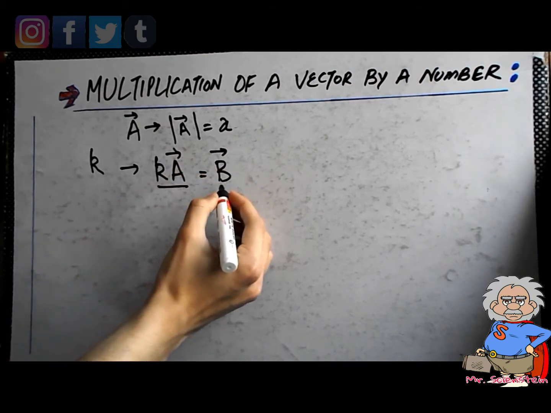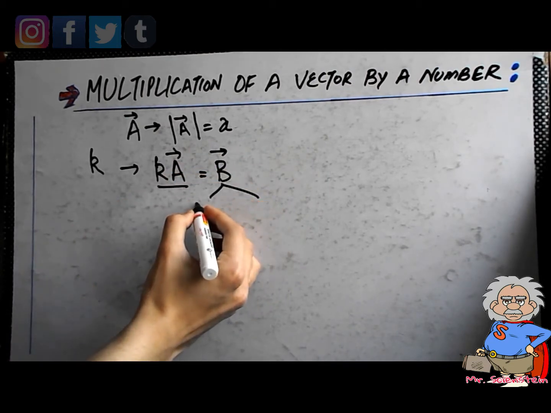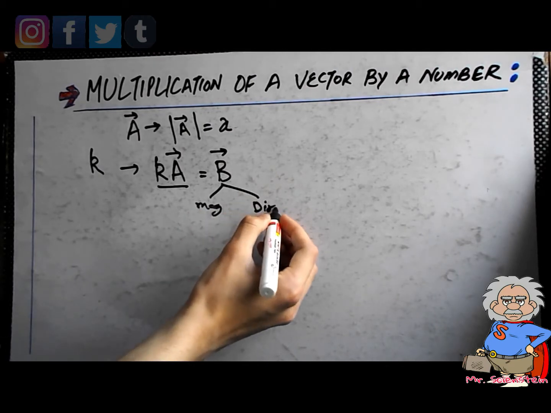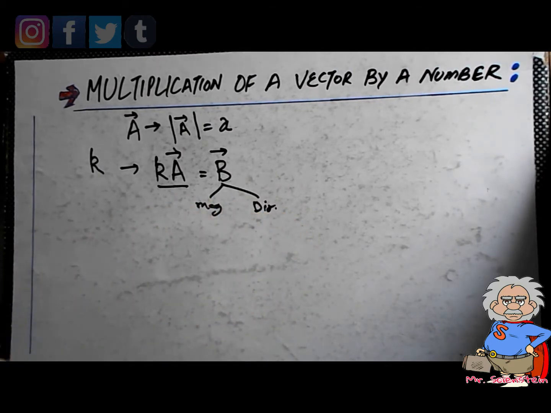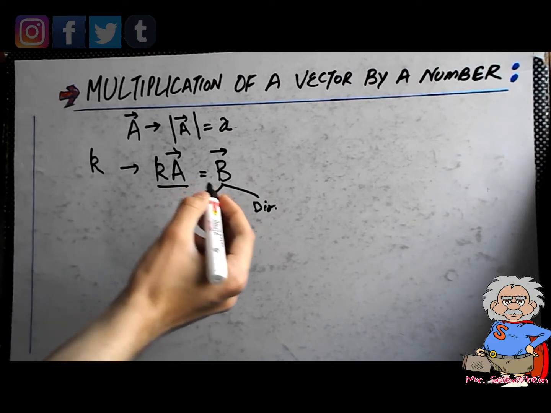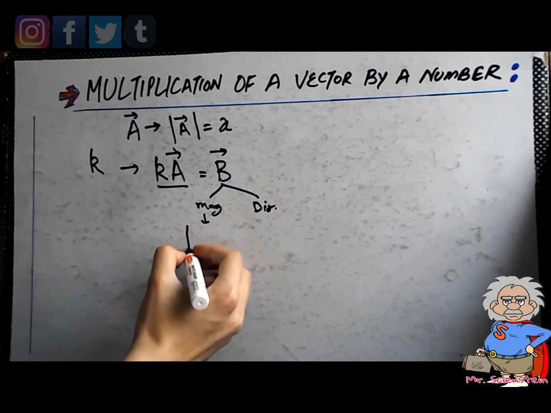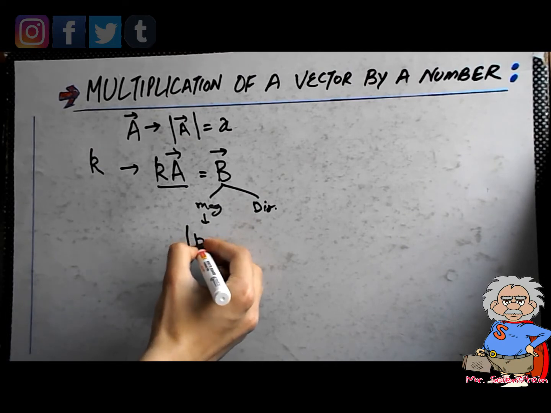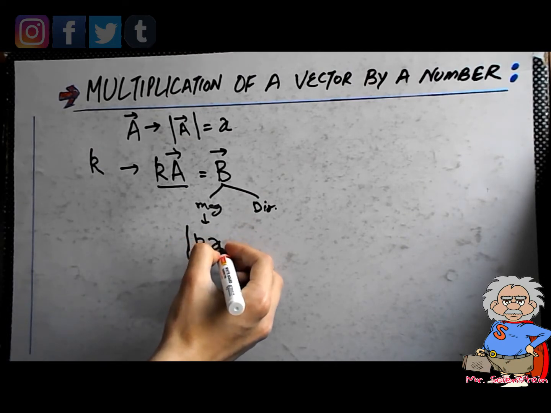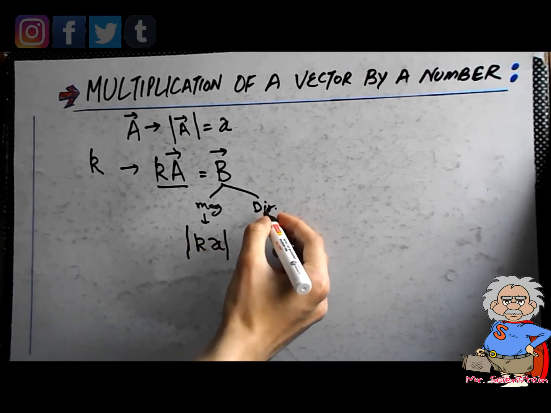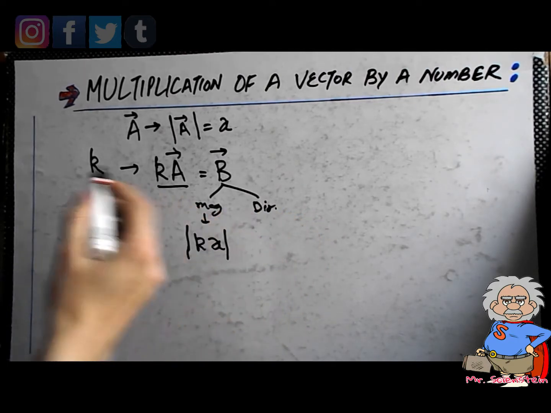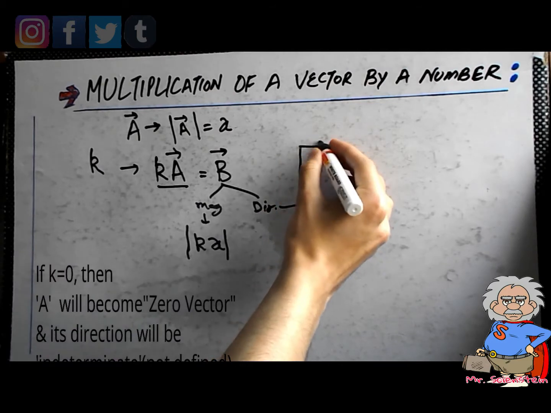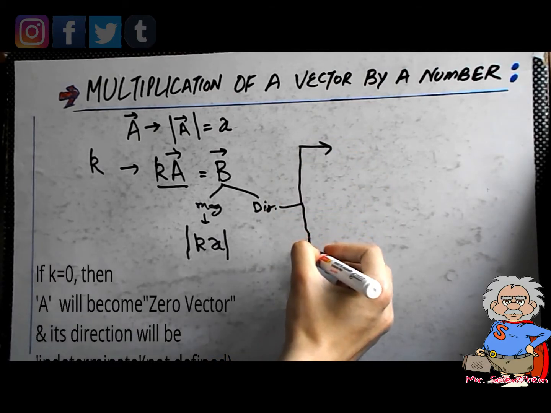Now this b vector will have two parts: one will be its magnitude and one will be its direction, because it's a vector, so obviously it will have two parts. Now the magnitude of this b vector will be given by modulus of k and magnitude of a vector, which is small a. Now its direction part will depend upon the sign of k, that means if k is greater than 0 or less than 0.